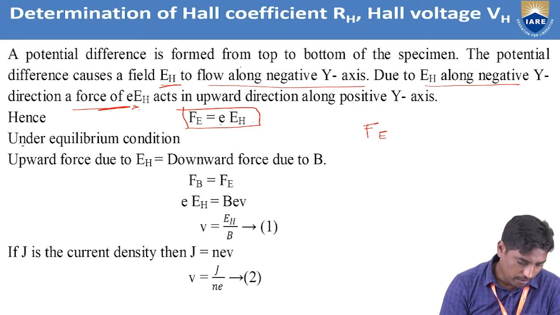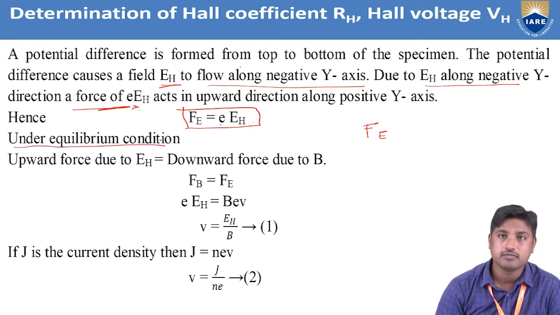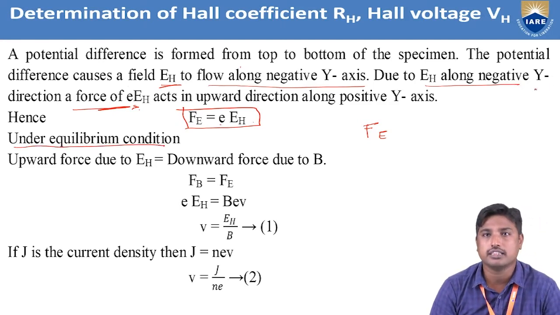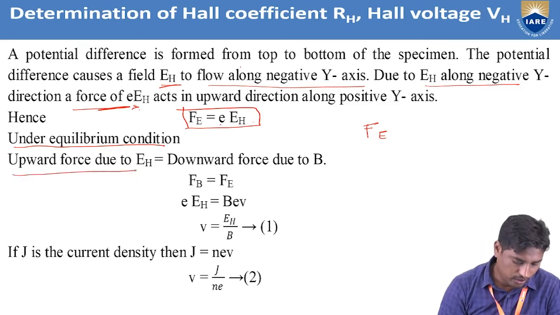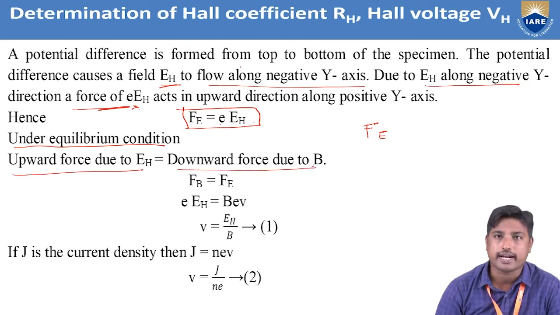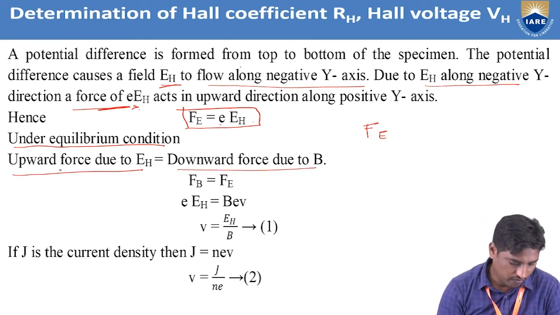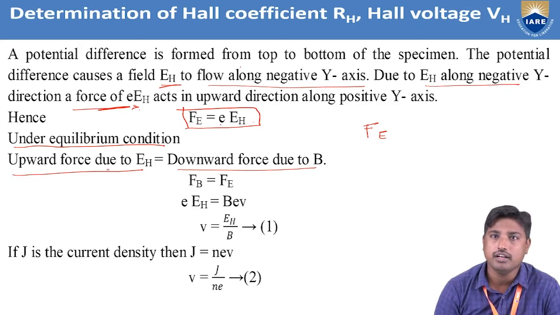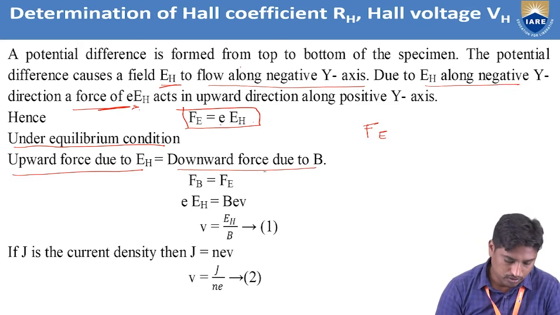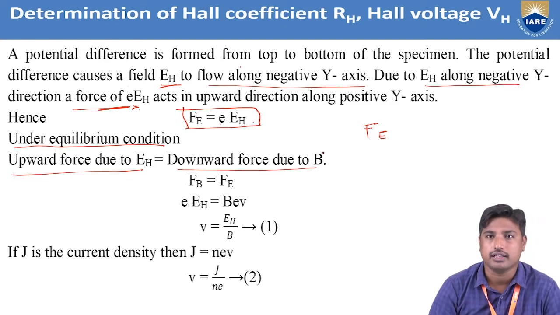So what will happen under equilibrium condition? The two forces acting on the charge carriers are equal. The upward force due to E_H equals the downward force due to the magnetic field.